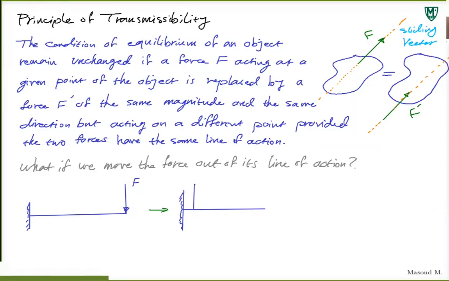I move it here. I'm moving the force out of its line of action. To have a system that is equivalent to the first system, I have to compensate for that motion.